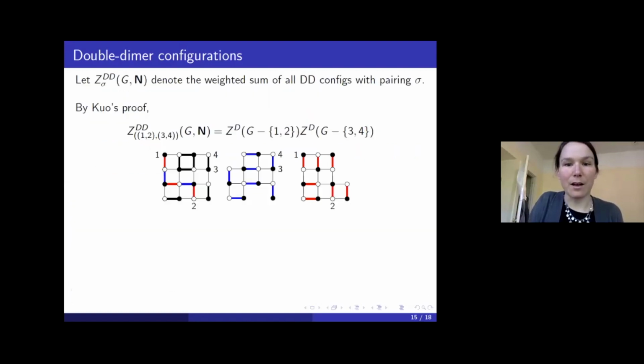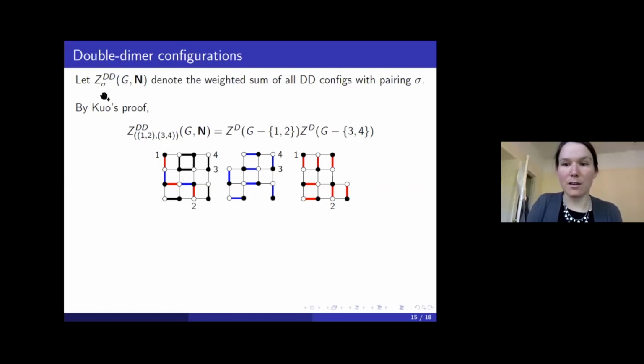And then something I wanted to mention. Just like Z_D of G was the weighted sum of dimer configurations, we use the notation Z_DD with a planar pairing sigma to denote the weighted sum of all double dimer configurations with a particular planar pairing.